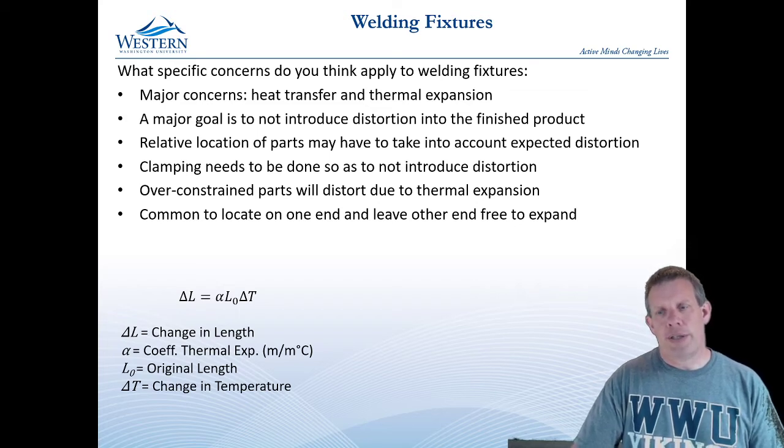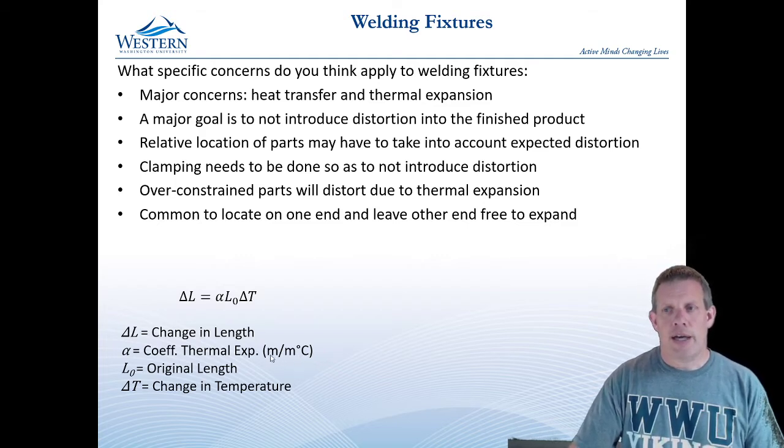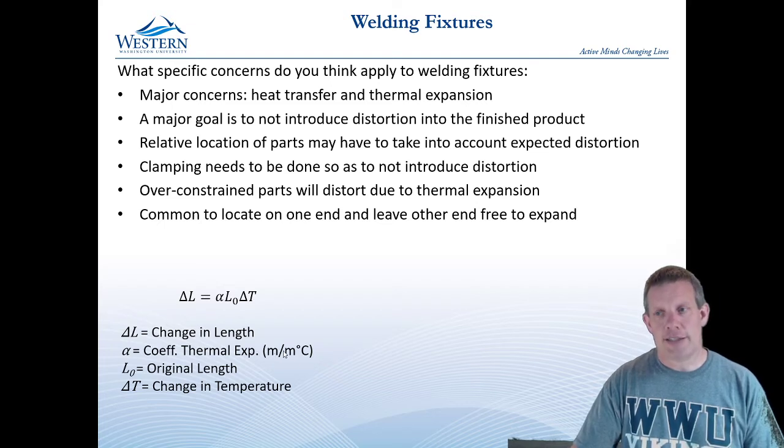So remember, the units of alpha, the coefficient of thermal expansion, are often in meters per meter degree Celsius or inches per inch degree Celsius. Sometimes they're in inches times 10 to the minus 6 per inch degree Celsius.